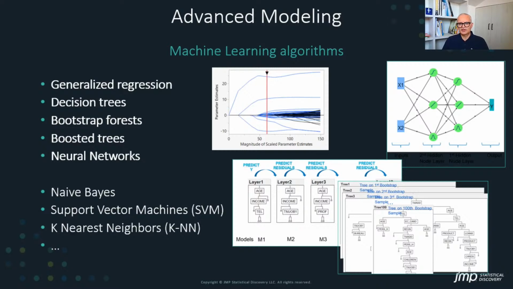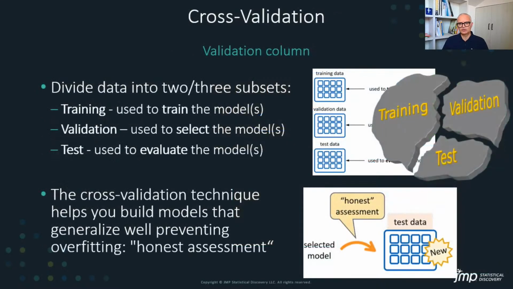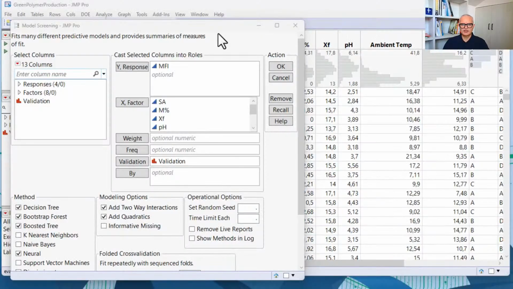And since some of them, or most of them, are prone to overfitting, normally in JMP Pro you use the cross-validation technique, and you select a column with different subsets: one for training the model, one for validation to select the model, and a third test subset just to compare the different models one by one to find the best model with the least error. So now we are in JMP Pro.